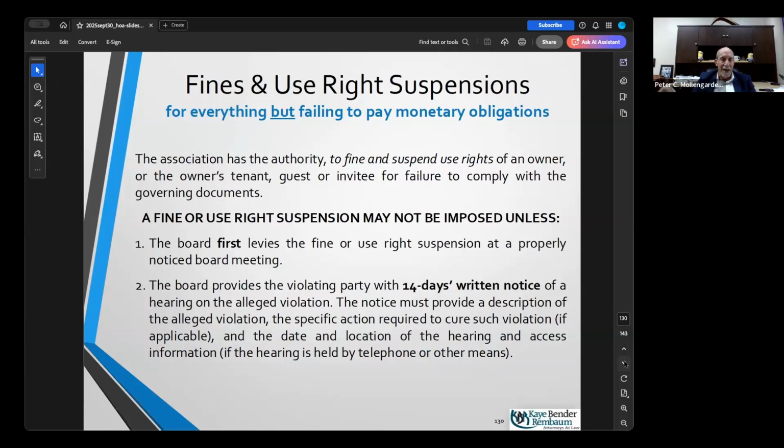Then you send the violating party at least 14-day written notice of a hearing on the violation. That notice must describe the violation, the action required to cure the violation if it's curable, and the date and location of the hearing and access information if the hearing is going to be held by telephone or other remote means.